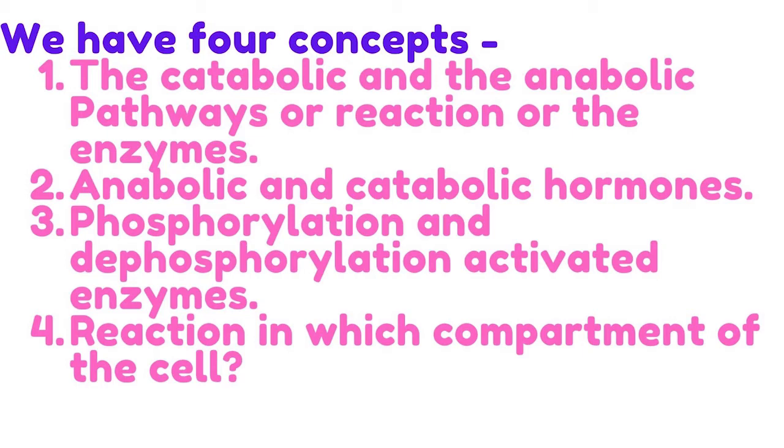Second, I will be talking about the anabolic and catabolic hormones which are in the body, and third is the phosphorylation and dephosphorylation activated enzymes, that is the enzymes that are active in phosphorylated state and the enzymes which are activated in the dephosphorylated state. And the fourth will be the reactions that take place in the cell, which compartment of the cell the reaction takes place, either in cytoplasm, mitochondria, or whatever organelle the reaction takes place.